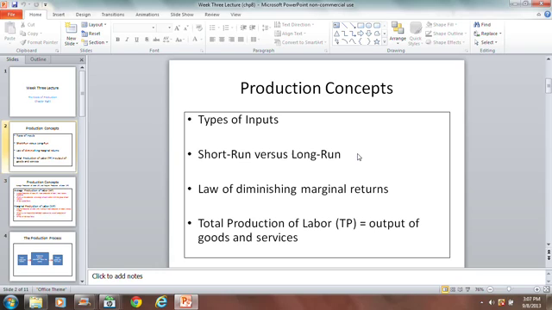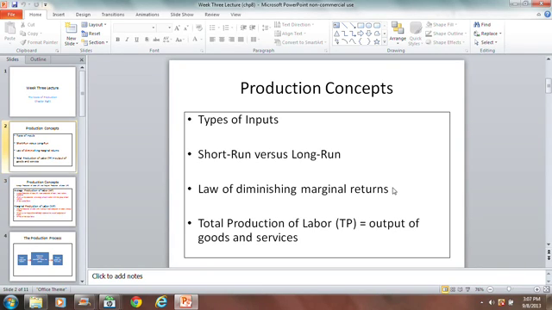The central governing issue of production theory is something called the law of diminishing marginal returns. And what this law basically says, if you have a business and you have a certain amount of fixed inputs, that is, you have a certain number of machines, and you vary the number of variable inputs, that is, you vary the number of workers using this fixed number of machines, eventually we're going to see some negative impact on production.